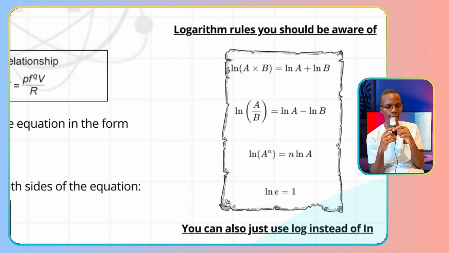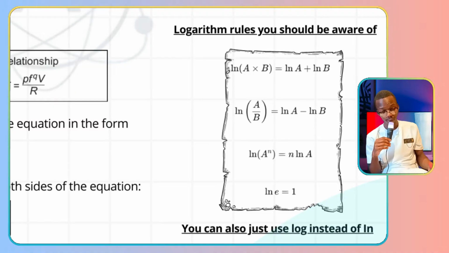Or log AB, that's equal to log A plus log B, or log A over B, log A minus log B, or log A to the power of n, that's n log A, or log e. In this case, that's a bit different. We don't really say log e. We'll talk about that a little bit later, what we exactly say, right?